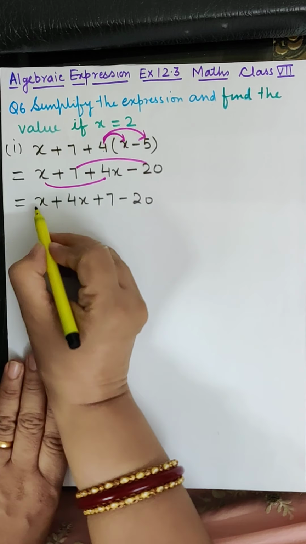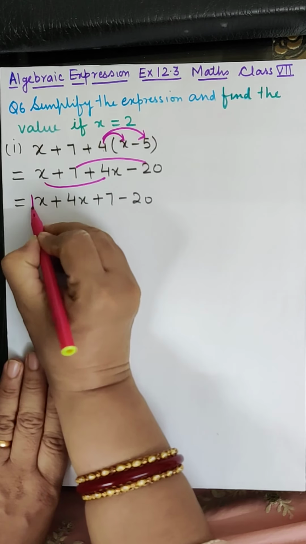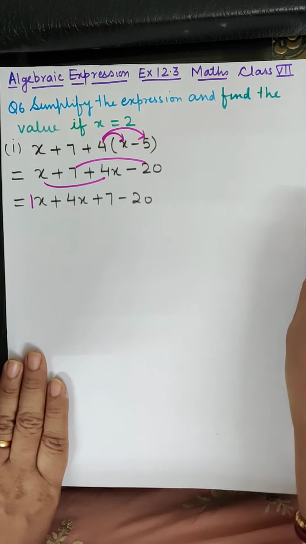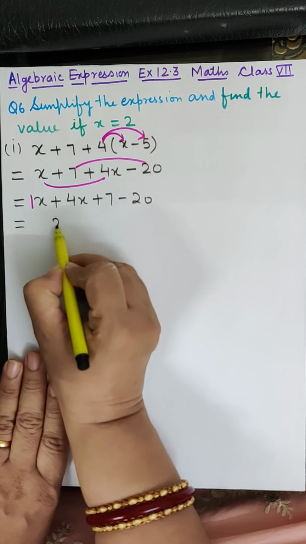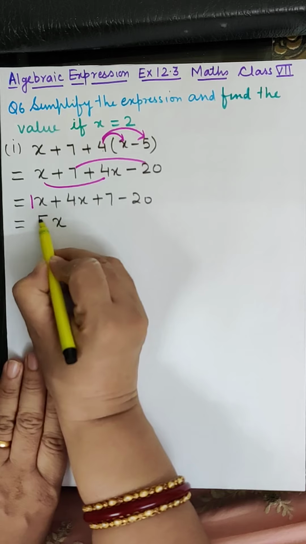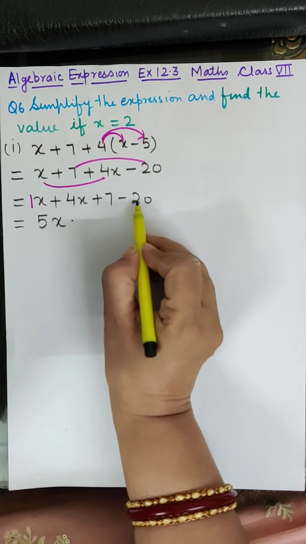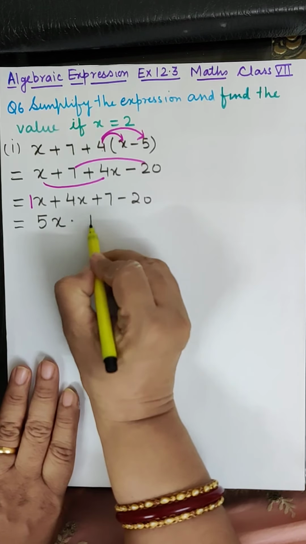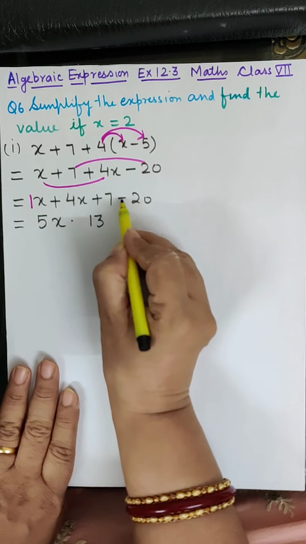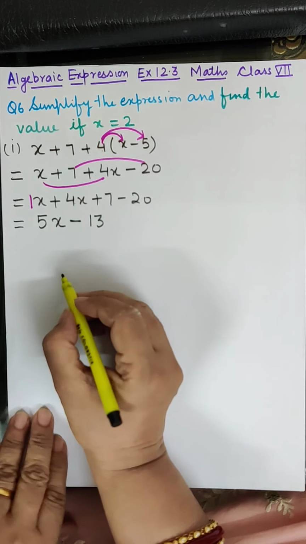Okay? Now no numerical coefficient is here, so we put here 1. So we have this x, we write as it is, and 1 plus 4 is 5. Then see here, plus 7 minus 20, opposite signs we subtract. When we subtract we get 13, bigger number 20, sign is minus, so we get 5x minus 13.